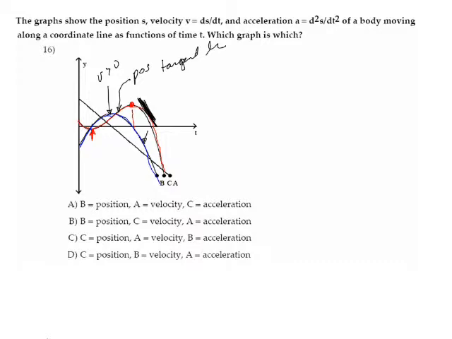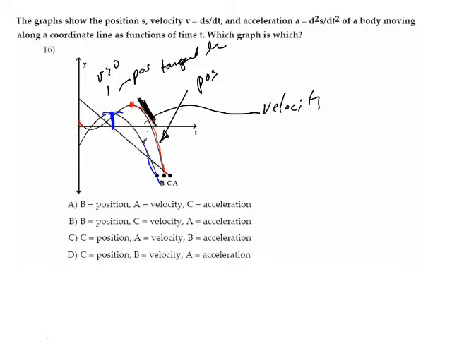And then if you now assume that this is position, and that the blue is velocity, looking at the derivative of this function, it looks like the straight line is going through 0 at that point, so that would correspond to a derivative of 0, which would mean the acceleration would be 0 at that point.